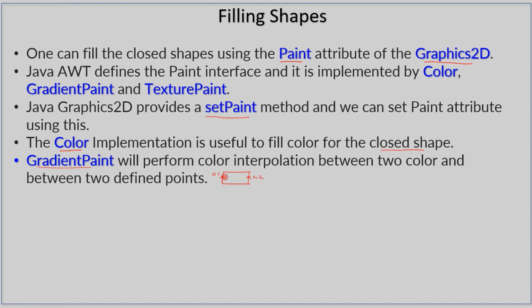So the gradient will be applied in this direction, and towards this end you will see more of the C1 color, and towards the right-hand side you will see the C2 color, and in between you can change the interpolation of the color, changing from C1 to C2.